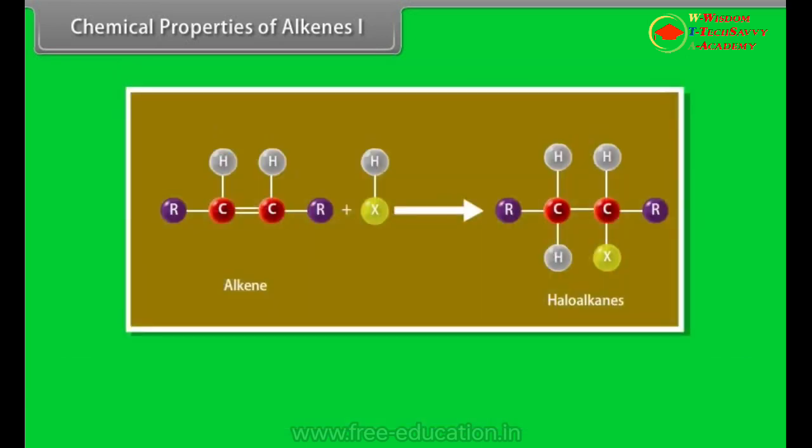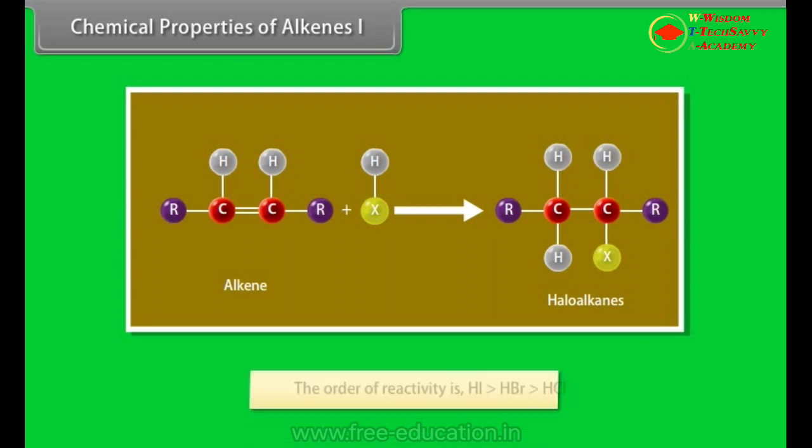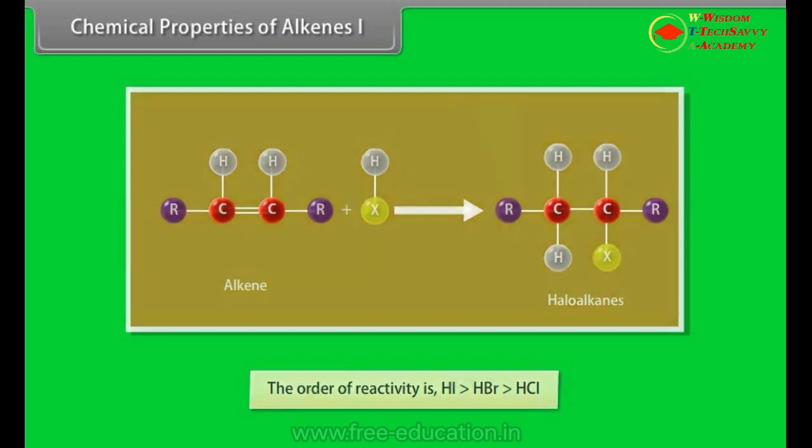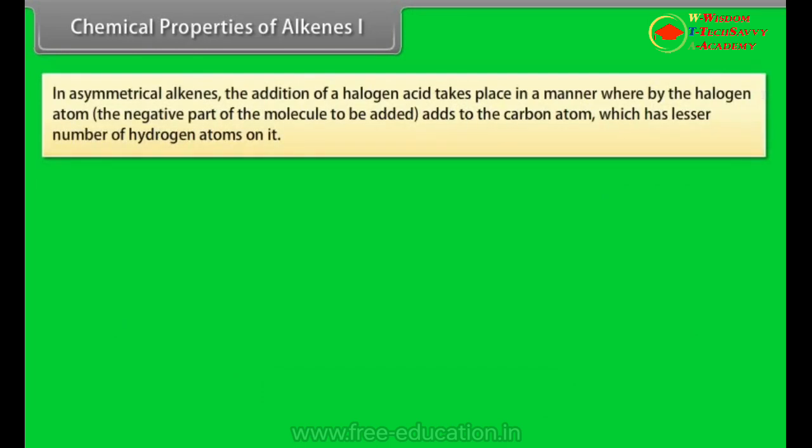Addition of halogen acids. Alkenes with concentrated aqueous solution of halogen acids give haloalkanes. The order of reactivity is HI greater than HBr greater than HCl. In asymmetrical alkenes, the addition of a halogen acid takes place in a manner whereby the halogen atom, the negative part of the molecule to be added, adds to the carbon atom which has the lesser number of hydrogen atoms on it.